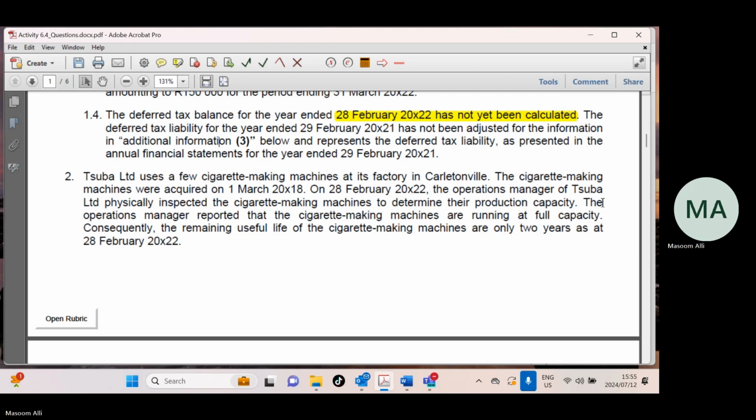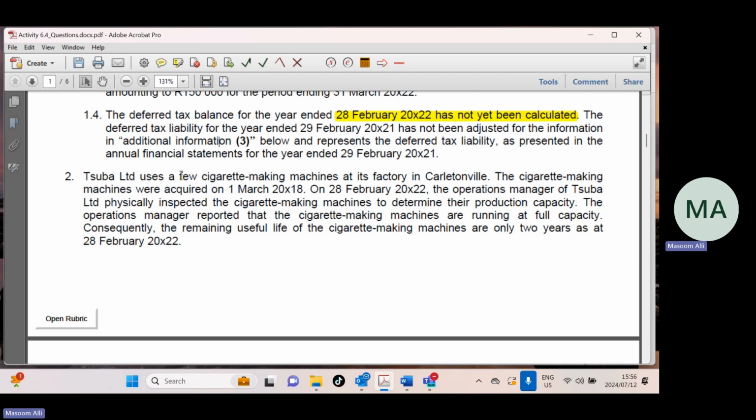The operations manager reported that the cigarette making machines are running at full capacity. So that's fine, right? Consequently, the remaining useful life of the cigarette making machines is only 2 years as at the 28th of February 2022.